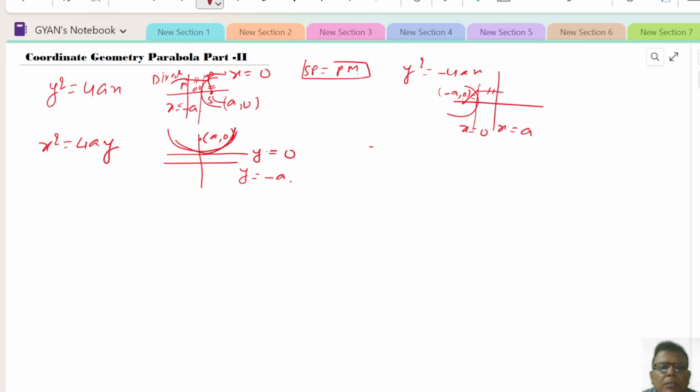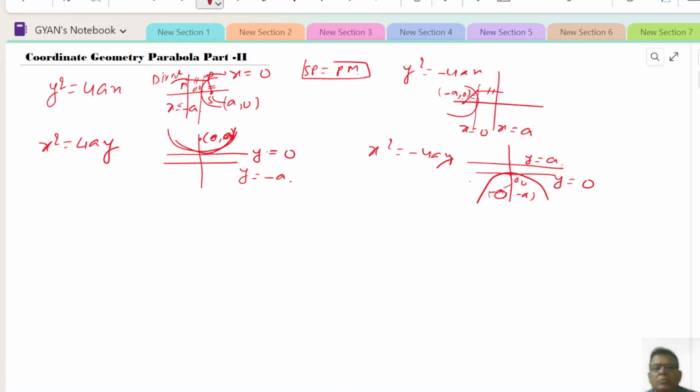Now come to x square is equal to minus 4ay. Then the graph will be like this. This is (0, 0), this is (0, minus a), and this is also (0, a), and this line will be y is equal to a, and this is y is equal to 0.